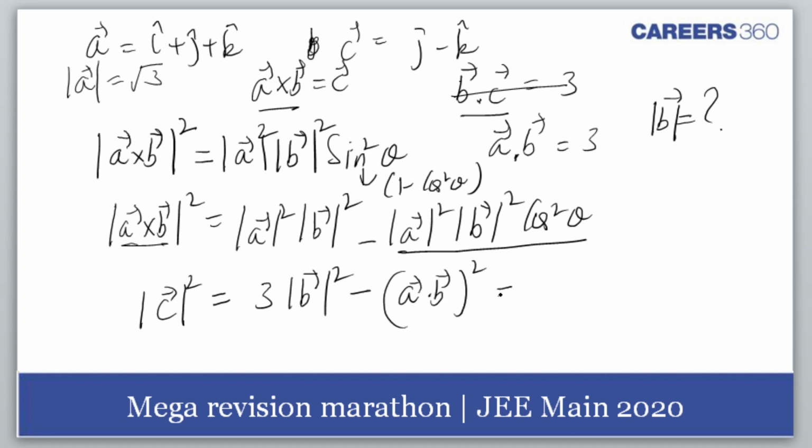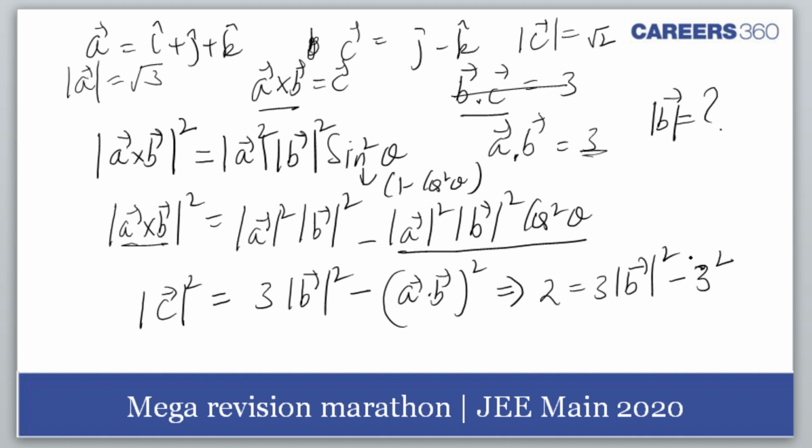So from here I get mod C square. C is what? j minus k. So mod C would be root 2. So mod C square is 2, equals 3 mod B square, and A dot B is given to me as 3, so minus 3 square. Am I right? So Chiru, you have given me the answer.